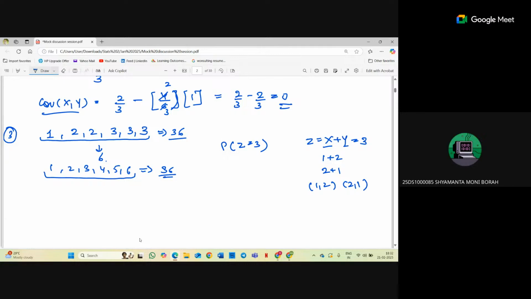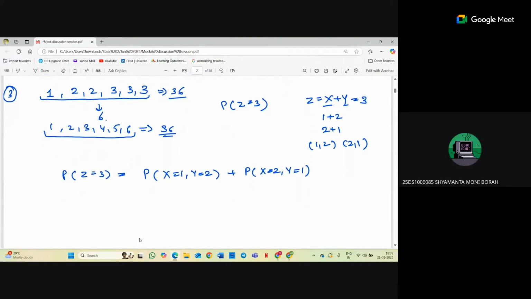So probability of z equals 3 is probability of x is 1 and y is 2, plus probability of x is 2 and y equals 1.